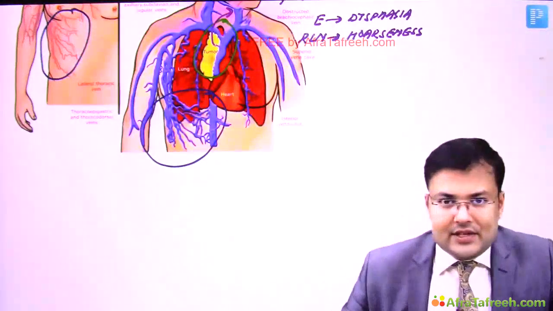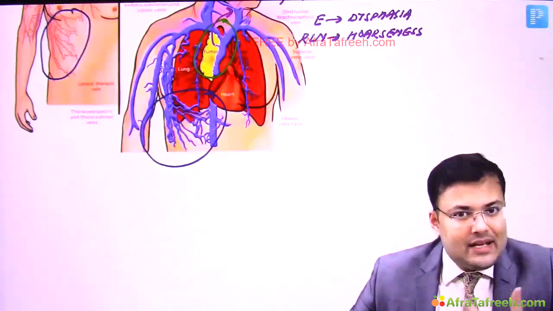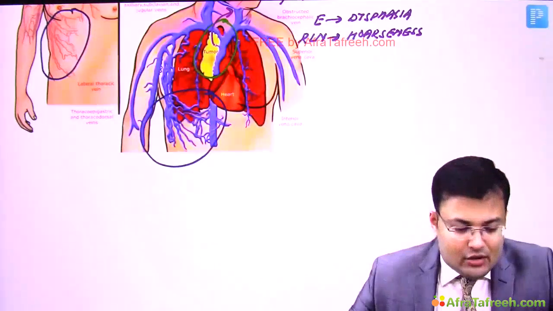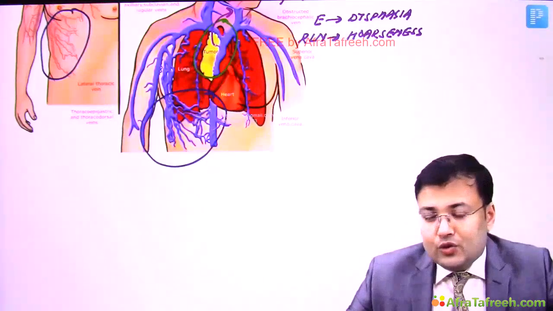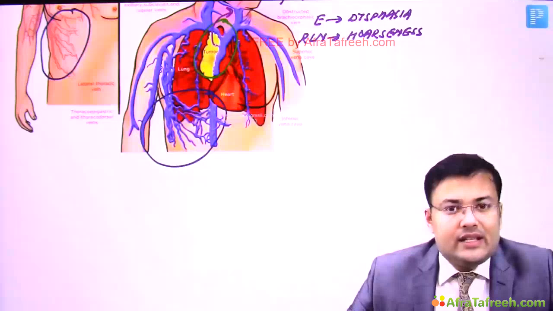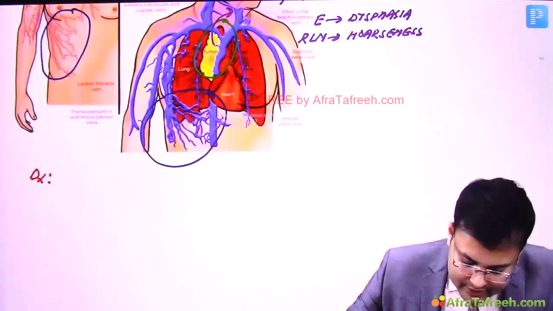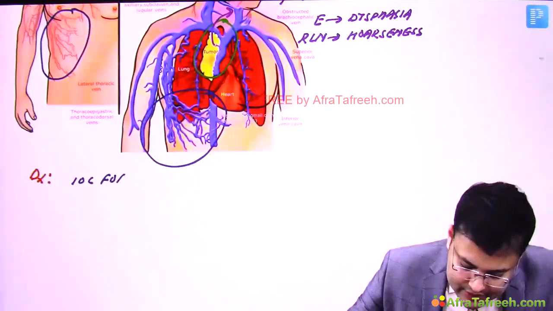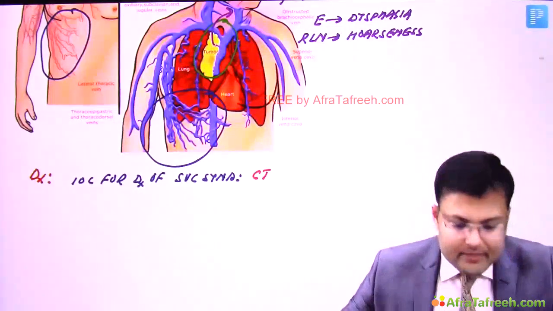These are the manifestations. Now where is the location of tumor? In the mediastinum. It is carcinoma lung. So generally the investigation of choice for diagnosis of superior vena cava syndrome is CT. So how are we going to make the diagnosis? Investigation of choice for diagnosis of superior vena cava syndrome, and that's CT. Clear?